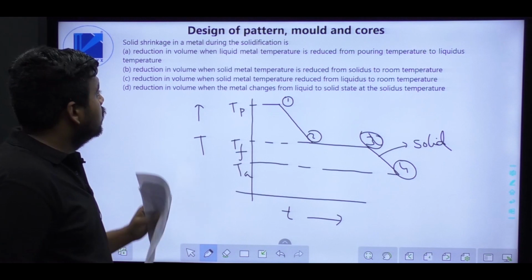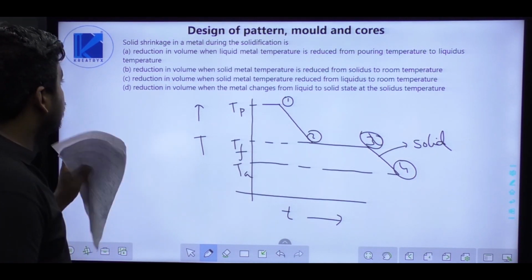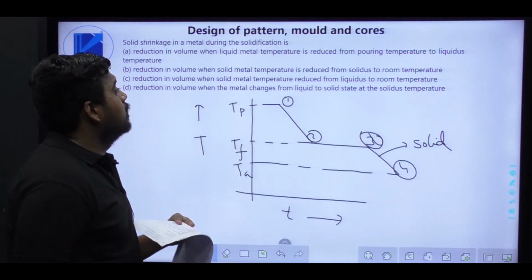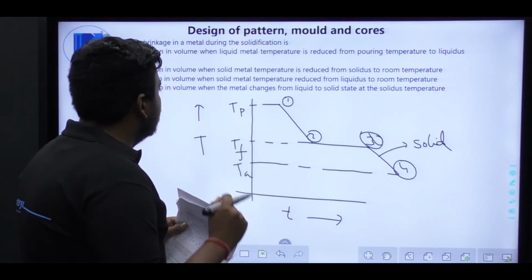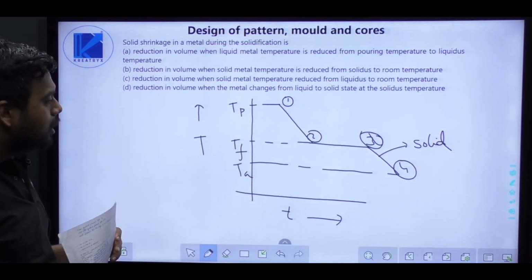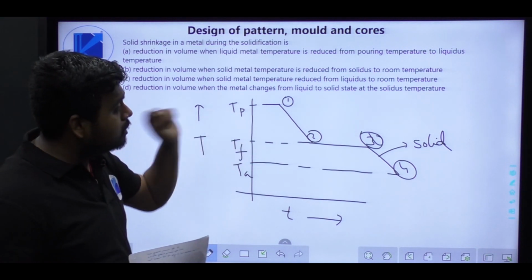So what they are saying is reduction in volume when liquid metal temperature is reduced from pouring temperature to liquidus temperature. Basically they are asking about this value.